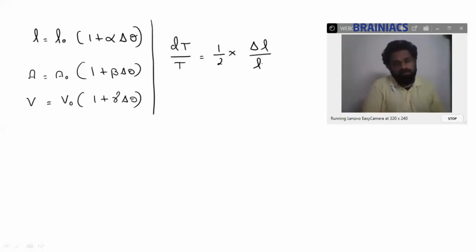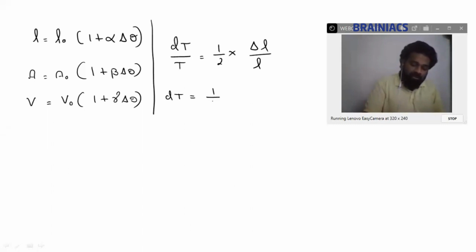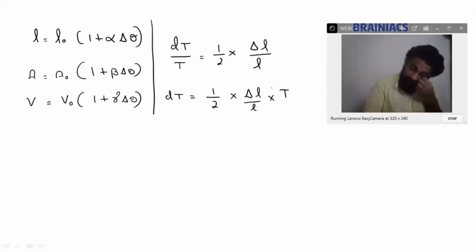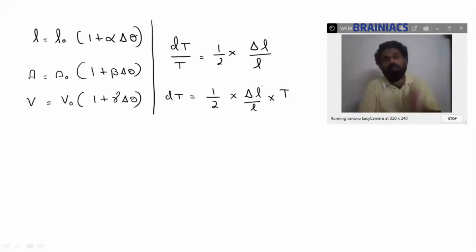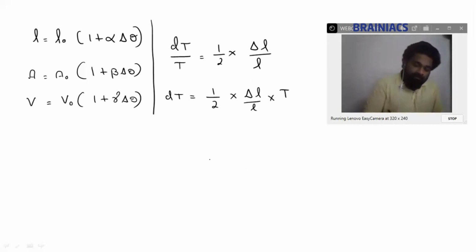Or loss or gain in time is half into delta L by L into the time, for capital T time, this much change.